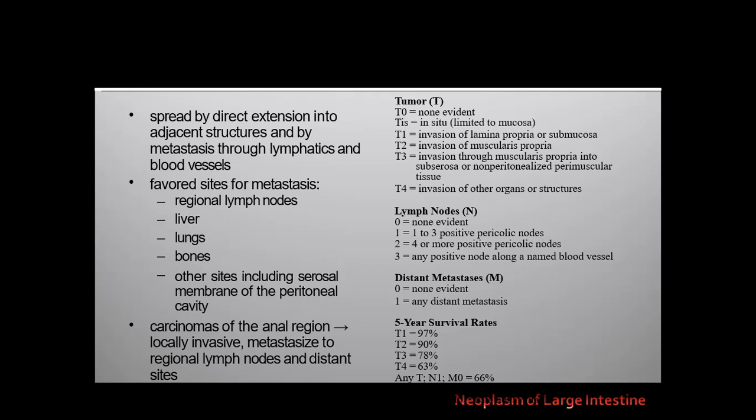The common sites for metastasis are the liver, lungs, and bones, and other sites include serosal sites, the membrane of the peritoneal cavity, and it can involve retroperitoneal structures like the kidneys, the ureters, and other structures, the pancreas.